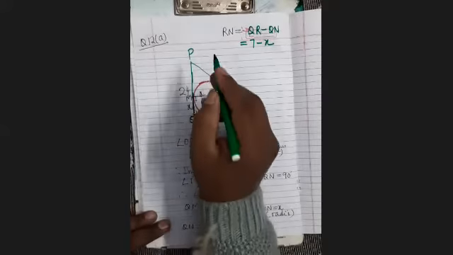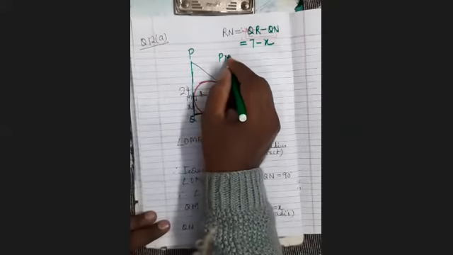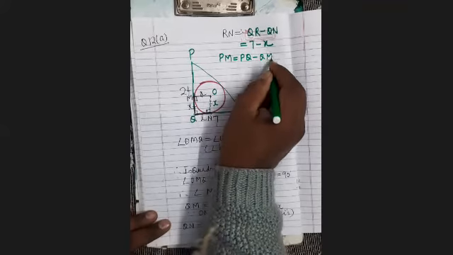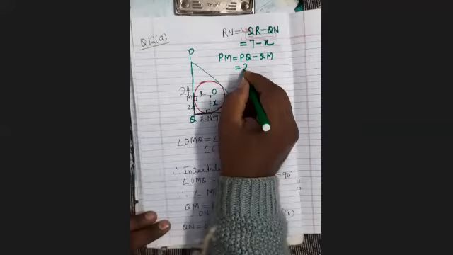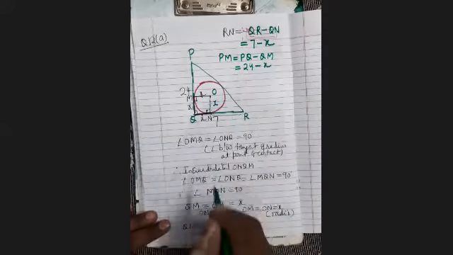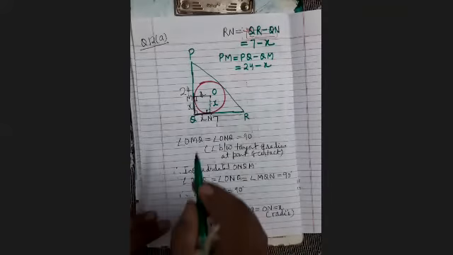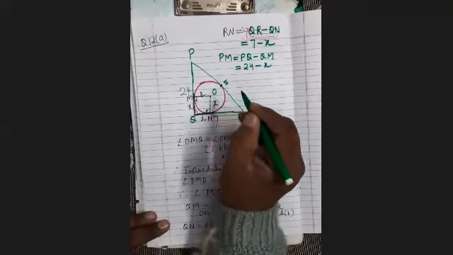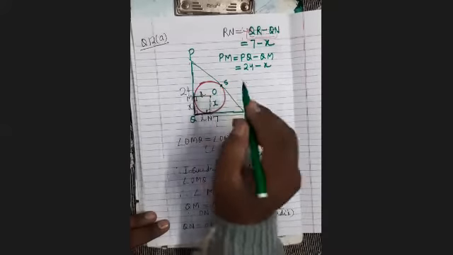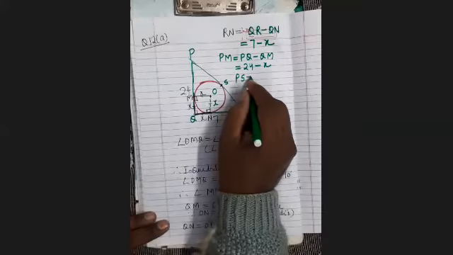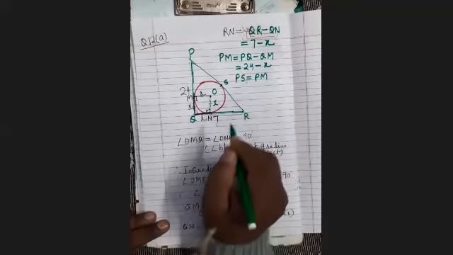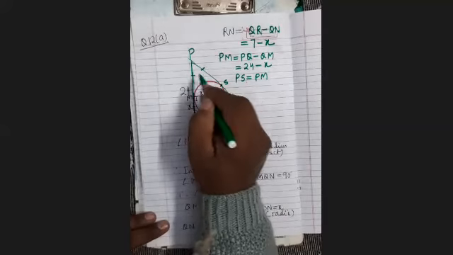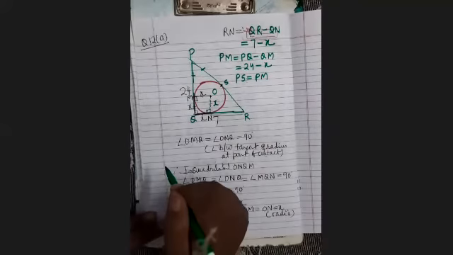Then what will be PM? PQ minus QM. What is PQ? 24 minus X. Now see here, this point you can name as S. So PS equals PM. Why will PS equal PM? Tangents drawn from an external point on the same circle.